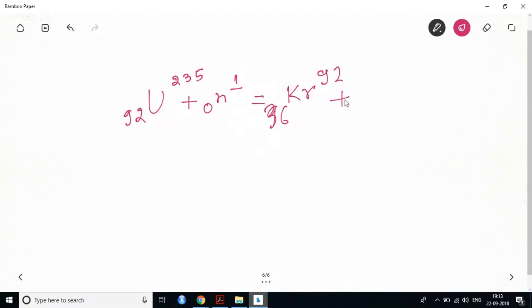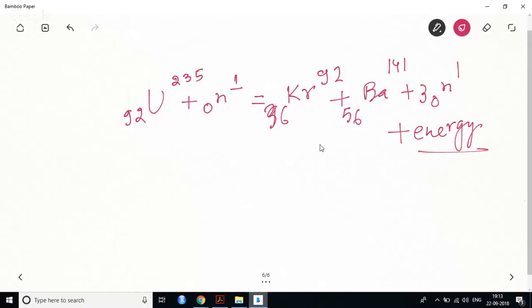Let me explain it to you. So guys, try to understand. Suppose I have uranium 235, and suppose it is struck by a neutron. So what happens? Krypton 36 92 plus barium 56 141 plus 3 neutrons comes out of it, and a lot of energy is generated.